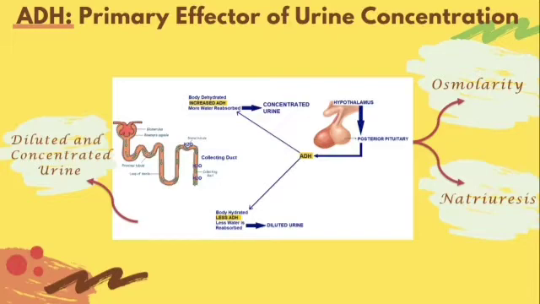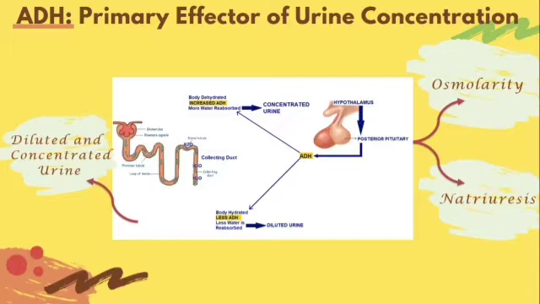Hence, the name antidiuretic. Now, for example, when osmolarity of the body fluids increases, the posterior pituitary gland secretes more of this hormone, increasing the permeability of the distal tubules and collecting ducts to water. This causes an increase in water reabsorption and decreases urine volume.